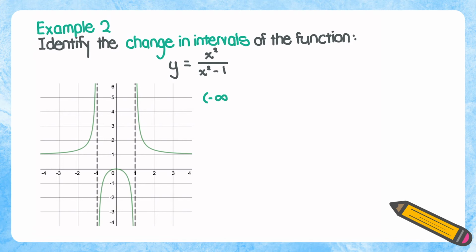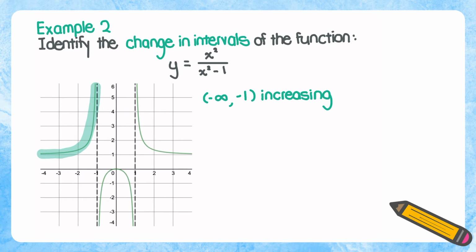So from negative infinity all the way to negative 1, so right here, we are increasing. This function is increasing up until a little before negative 1. We don't exactly hit it.